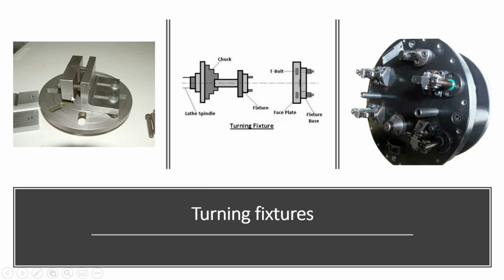In the figure on the left side, a faceplate and angle plate are used to hold the workpiece. On the right side, various locating and clamping devices are employed on this cylindrical plate, and this plate can be mounted on the machine spindle or directly on the chuck.